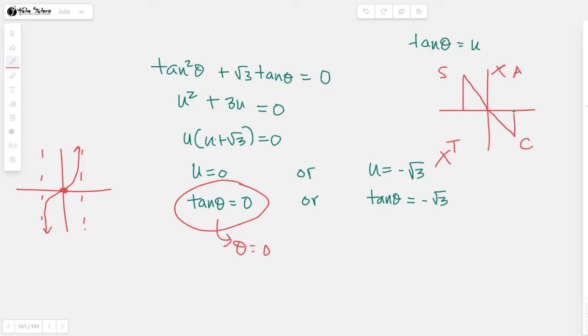And you want to label the reference triangle so that tangent is equal to root 3. Well, it's really root 3 over 1. Again, you can ignore that negative sign because you've pinned down which quadrants. Tangent is opposite over adjacent. So that means the opposite is root 3, the adjacent is 1.